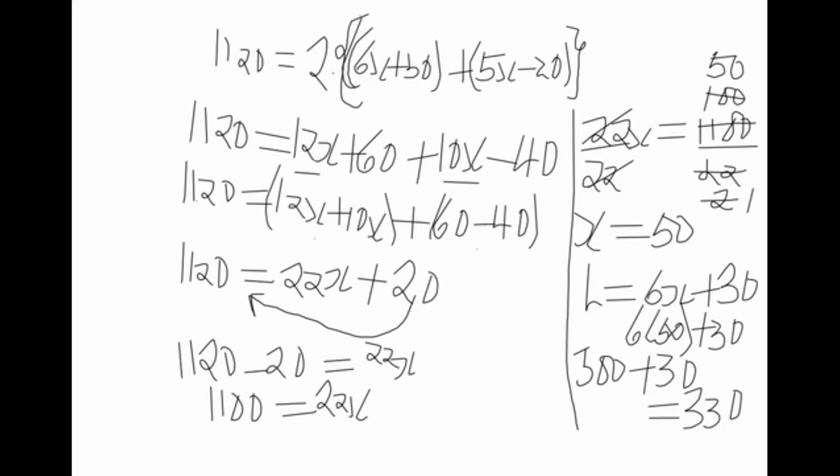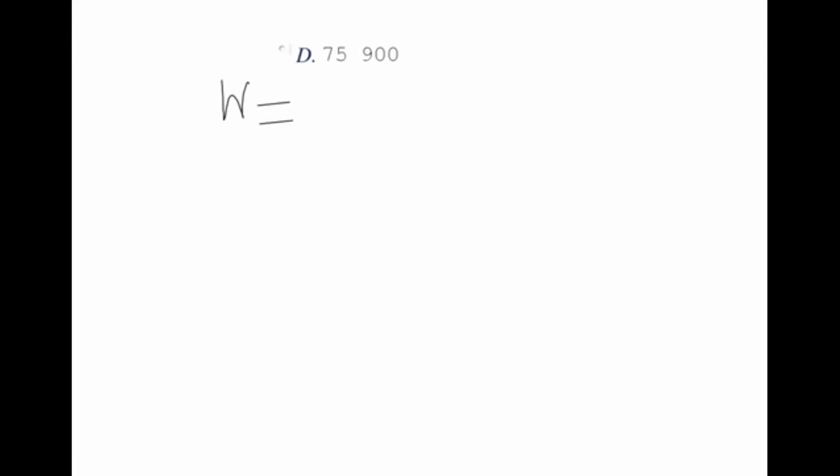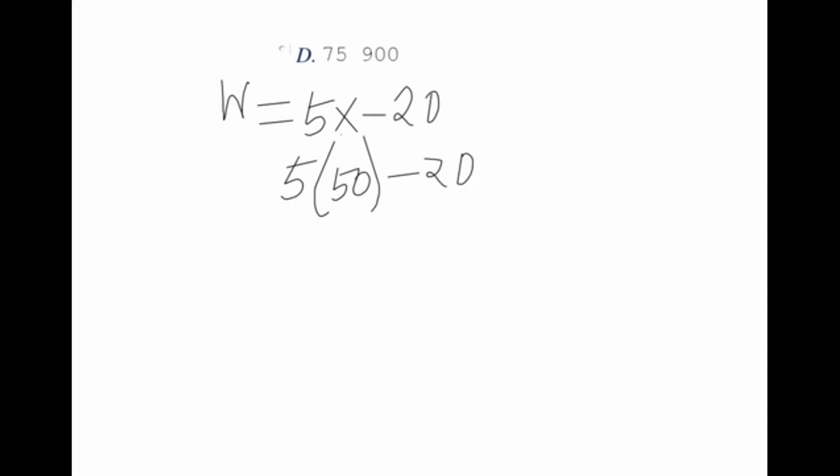And then our width is given by 5x minus 20. So it will be 5 into 50, which is 250, minus 20 equals 230.